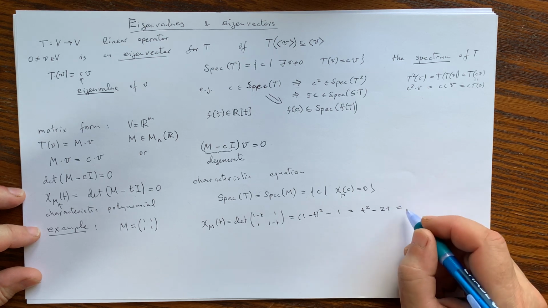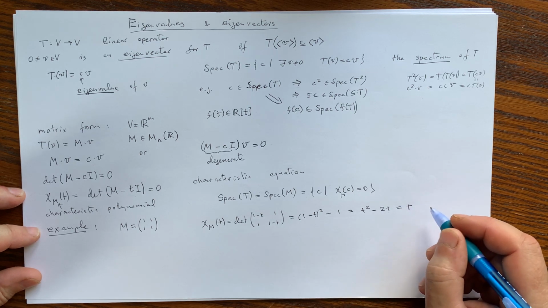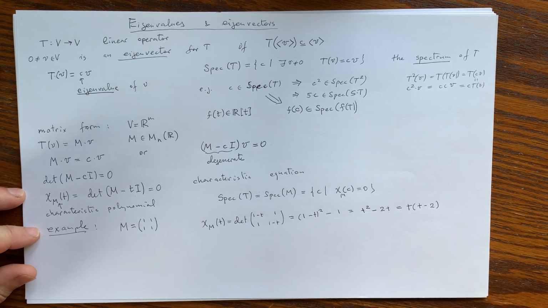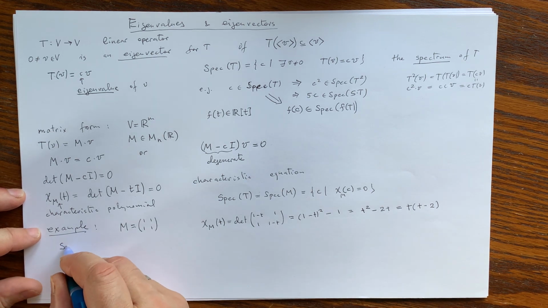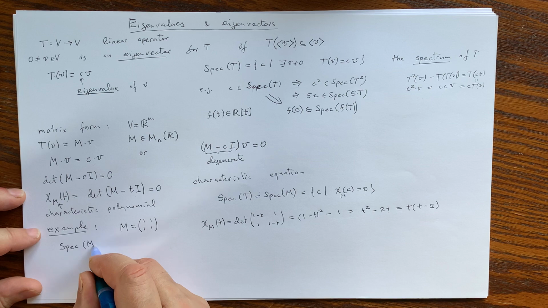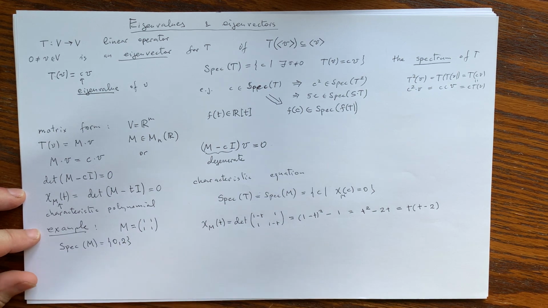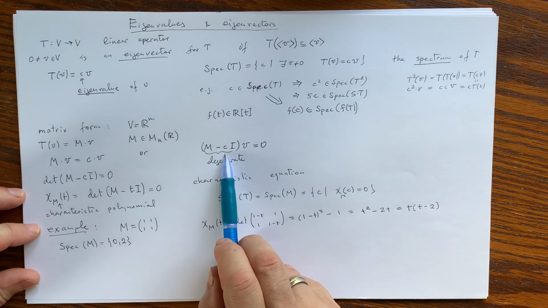That is good because we can factorize this polynomial, easily find its roots, which are the eigenvalues of our matrix. And the eigenvalues are 0 and 2. So the spectrum of our matrix consists of 2 numbers, 0 and 2. And now to find eigenvectors with these eigenvalues, we have to solve this homogeneous system.